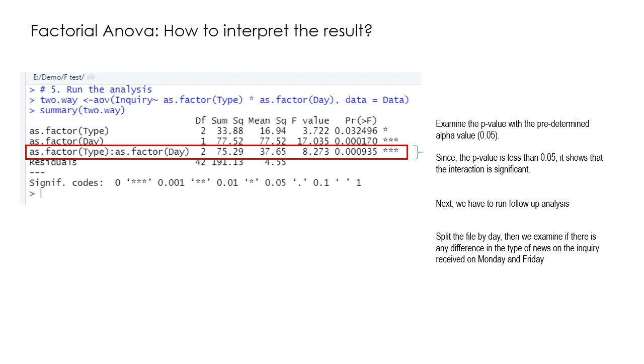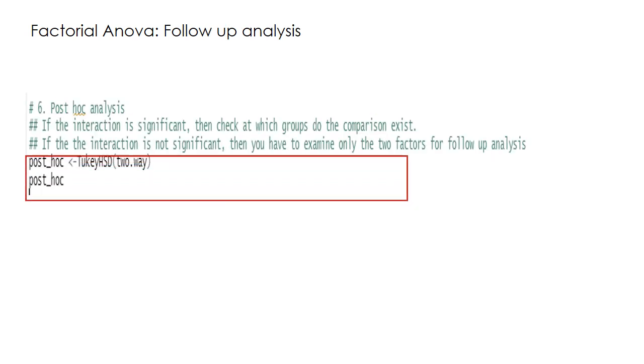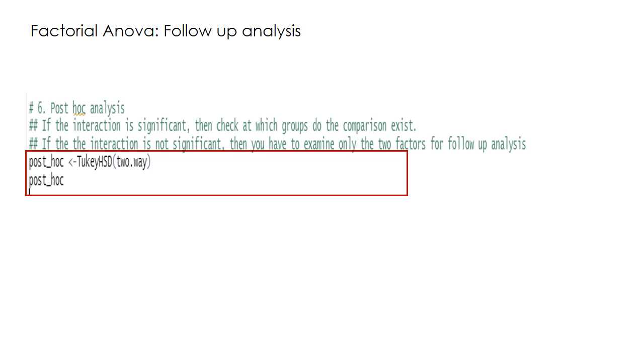So now what we need to do is we have to run a follow-up analysis. So how do you run a follow-up analysis? So a post-hoc analysis. So same like in one-way ANOVA, now you have to run a post-hoc analysis. So post-hoc analysis is very simple. So what you need to do is you select Tukey's HSD as a post-hoc analysis function, and then the two-way.